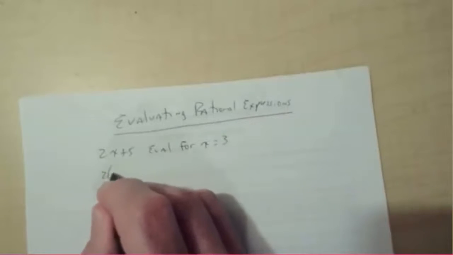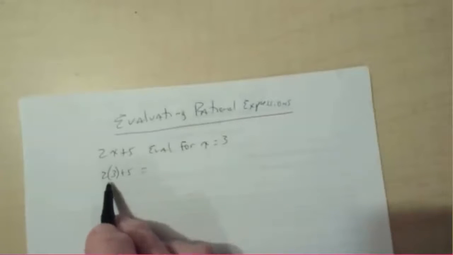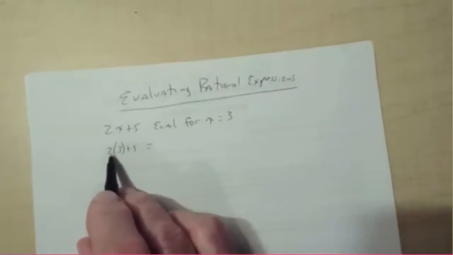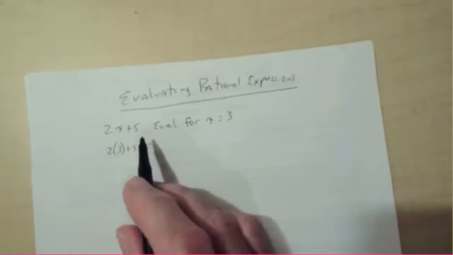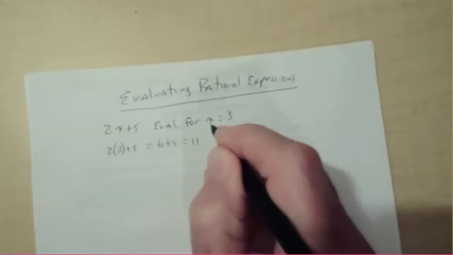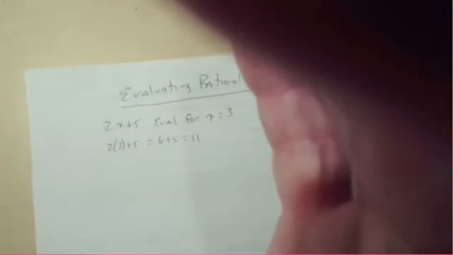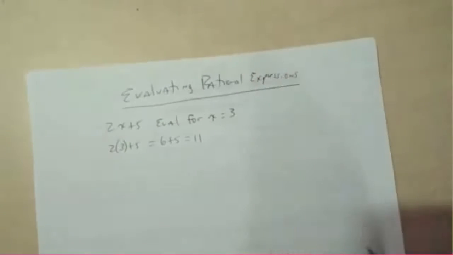So it's 2 times 3 plus 5. Now it's order of operations, or you can put it in your calculator and it'll spit out the answer. 2 times 3 is 6, plus 5 is 11.